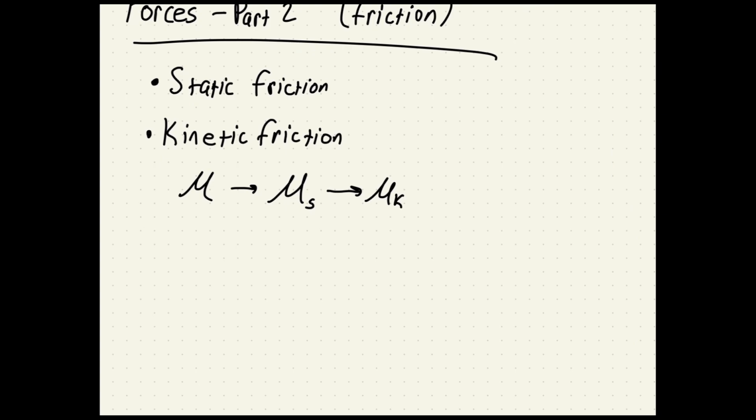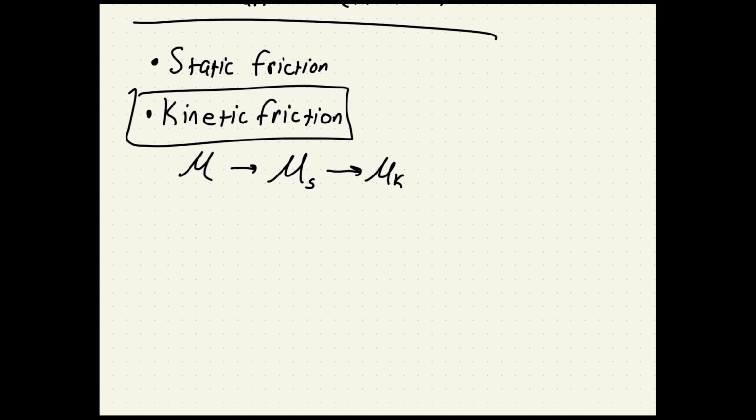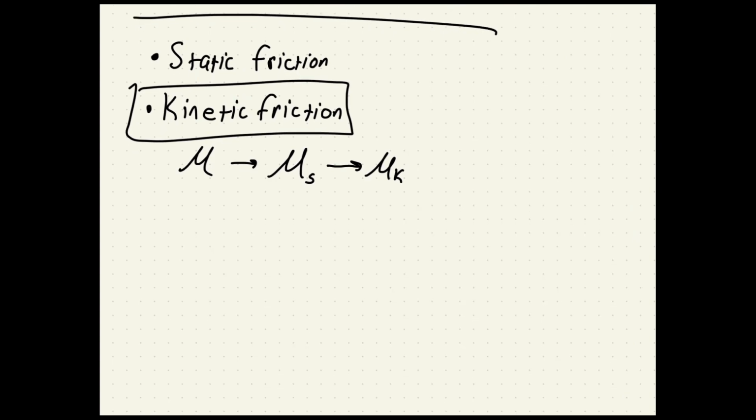Let's talk about kinetic friction first because it's more intuitive, I think. Kinetic friction has an equation. I will denote it as lowercase f sub k. That's just the notation I learned with. If you like to call it something else, like capital F, that's fine, but I just like the lowercase f. So f sub k, with a vector bar across the top, so this is a vector equation, is equal to mu sub k times the normal force vector.